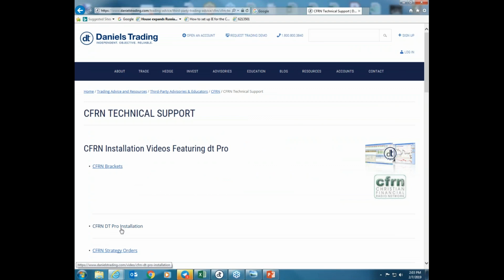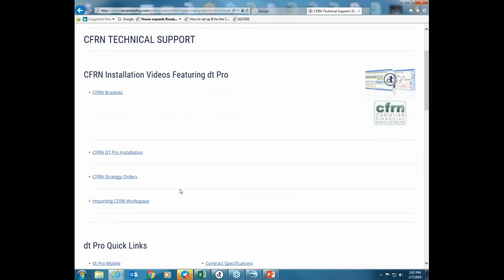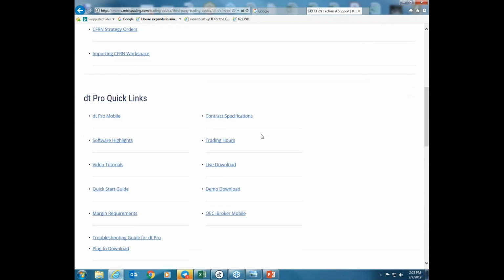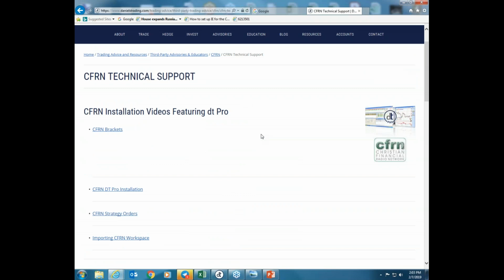It's got a CFRN DT Pro install on it, importing Mike's workspace if you really like that. It's got all the stuff that you need on this page. So in the end, if you haven't downloaded the platform, do it. Download the indicators. If you run into any snags, you can call me, because I'm the only guy that picks up the phone here.